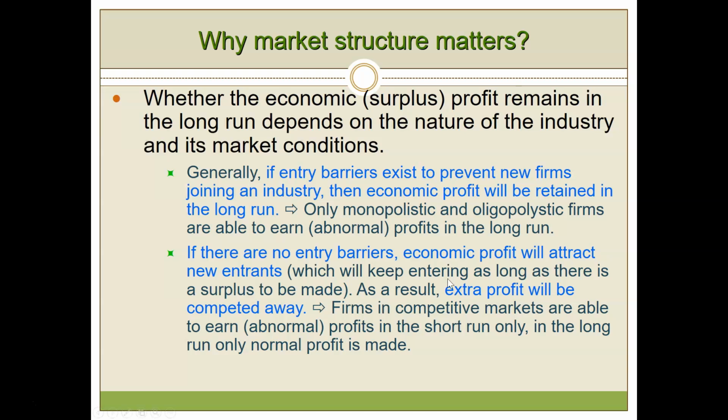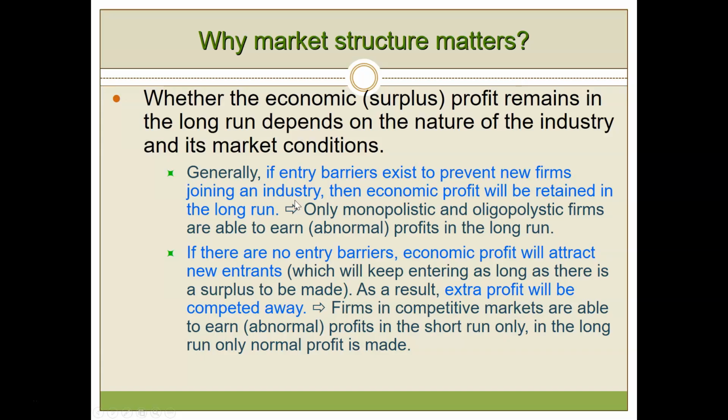The thing is, the economic profit which a company is able to make will depend on the nature of the industry and the market conditions. What you'll need to remember is that if there are entry barriers to the market, if you are operating in a type of market where entry is not that easy, it will prevent new firms from joining the industry.